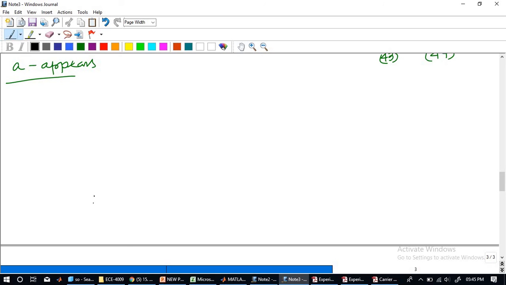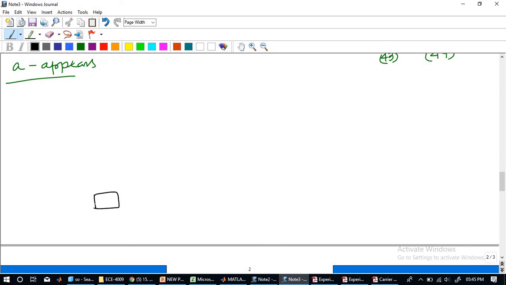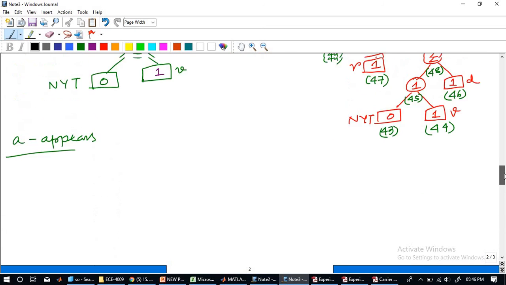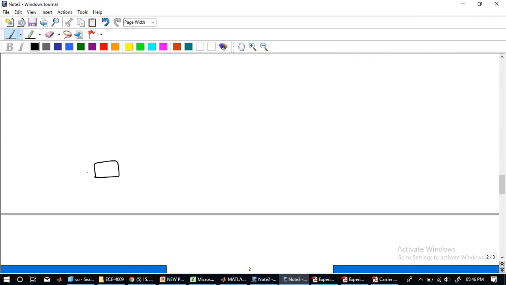So, should I be breaking down the NYT from figure 5? No. Why? Because A has already appeared before. Correct. So what is the process? We have to update the node number. So what will be the node numbers? I have to draw it anyway. I can remove it, but for the timing I'll redraw figure 5 once.